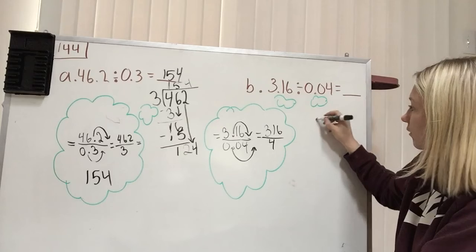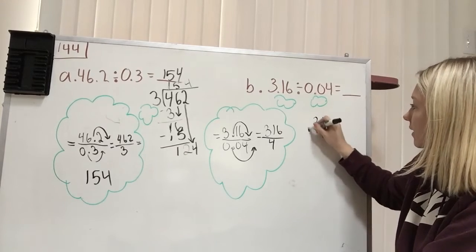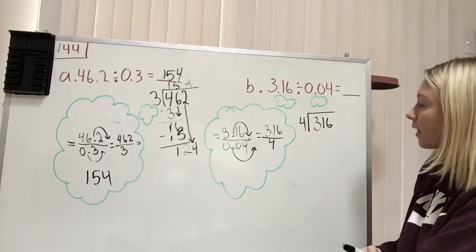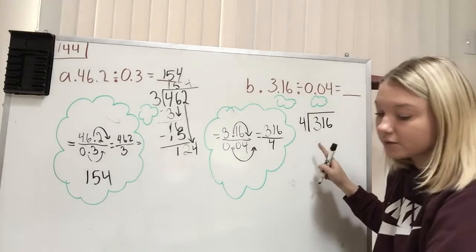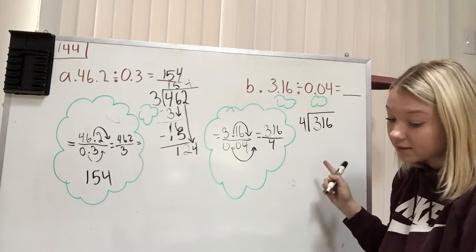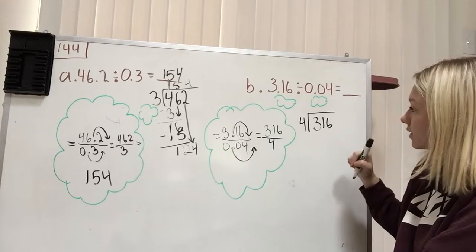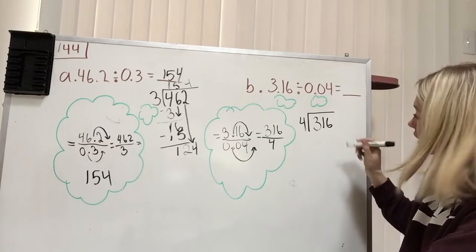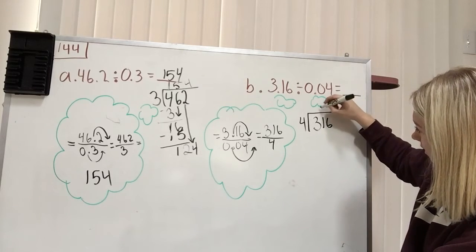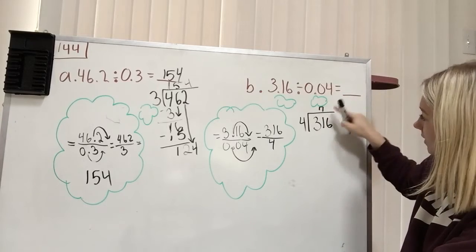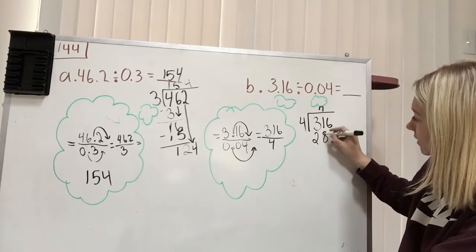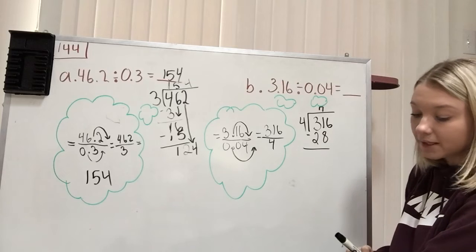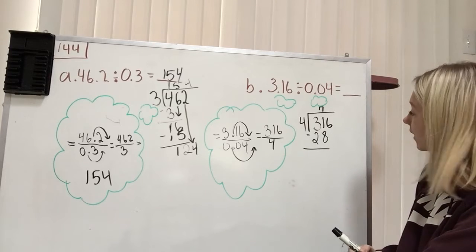So now I take 316 and divide it by 4. I know 4 goes into 3, well, it doesn't, but I know 4 goes into 31. If you look at your chart, it goes in there 7 times, and 7 times 4 is 28. If you need to have your multiplication chart open, that is okay.